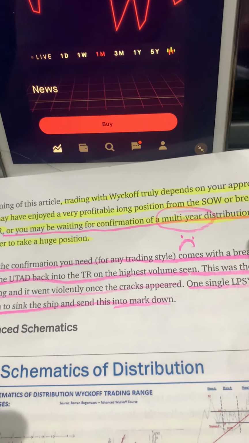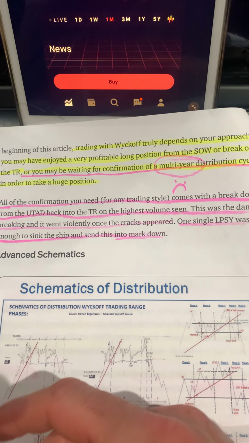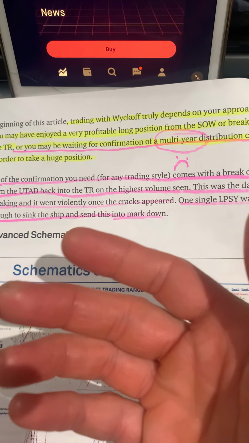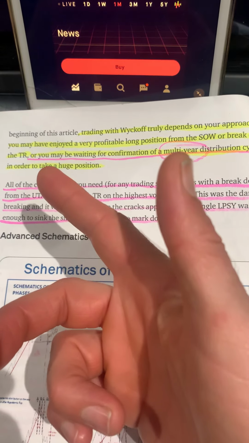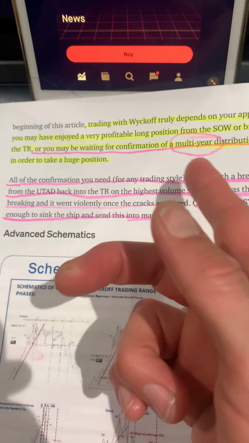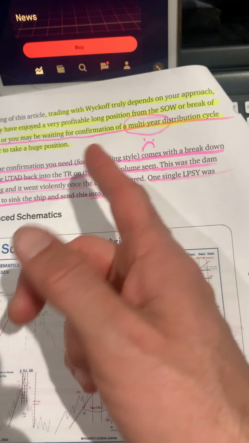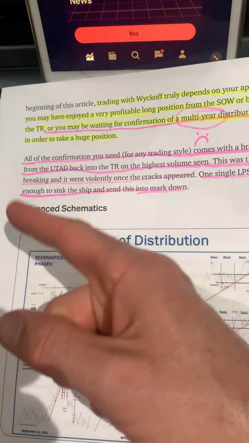Trading with the Wyckoff depends on your approach. You may have enjoyed a very profitable long position from the SO, or a break off of the TR doing the swing trades, or you may want to wait to confirm over a multi-year distribution cycle like McDonald's to take a huge long position and maybe not even make it.